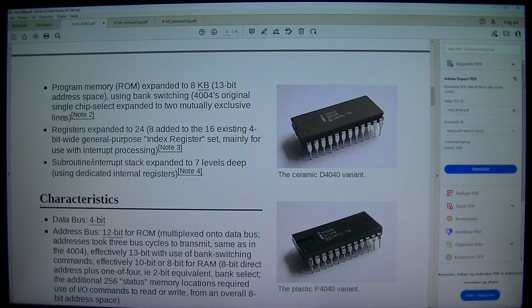The 4004's original single chip select expanded to 2 mutually exclusive lines, note 2. Registers expanded to 24, 8 added to the 16 existing 4-bit wide general-purpose index register set, mainly for use with interrupt processing, note 3. Subroutine/interrupt stack expanded to 7 levels deep, using dedicated internal registers, note 4.